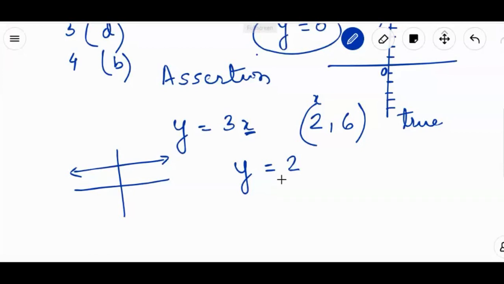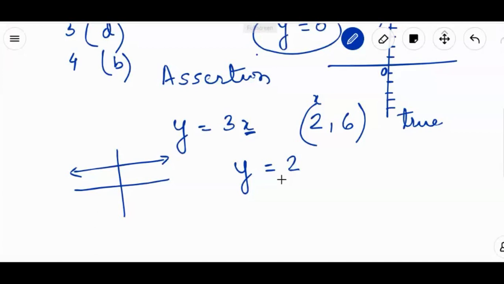No, ma'am. That's not the correct explanation. The second option is A and R are true, and R is not the correct explanation for A. So your answer for this is the B one.